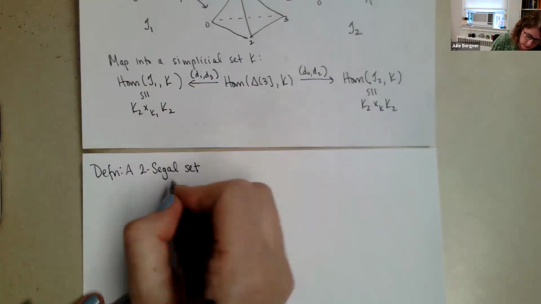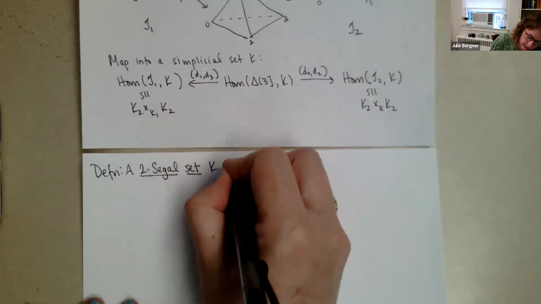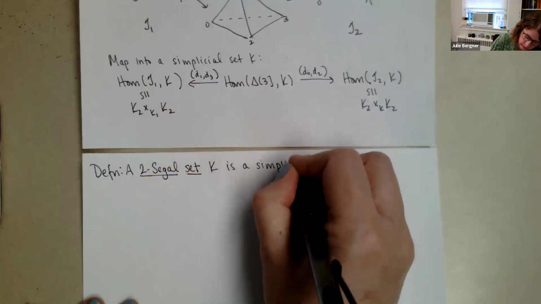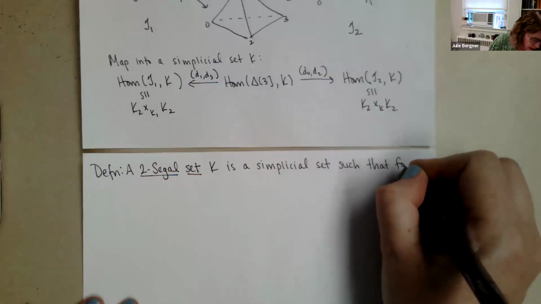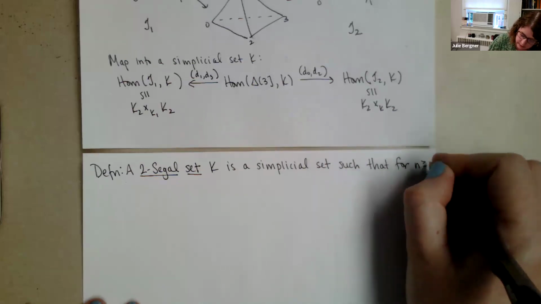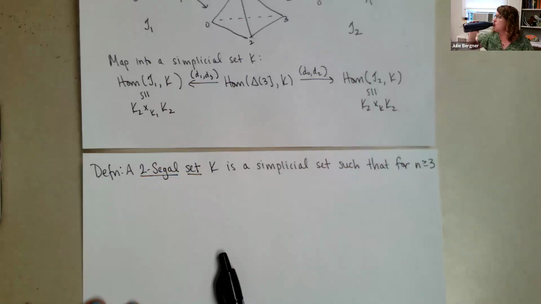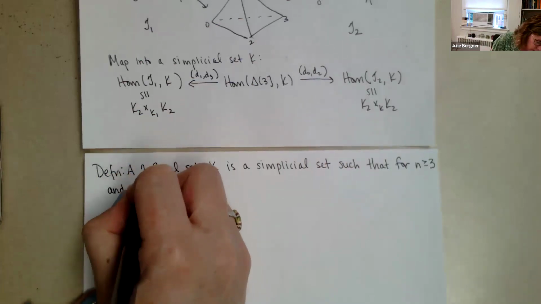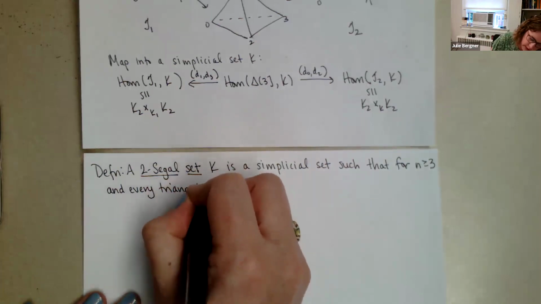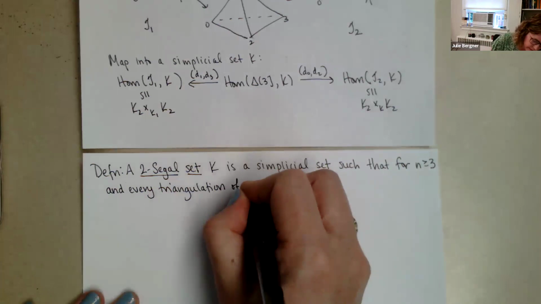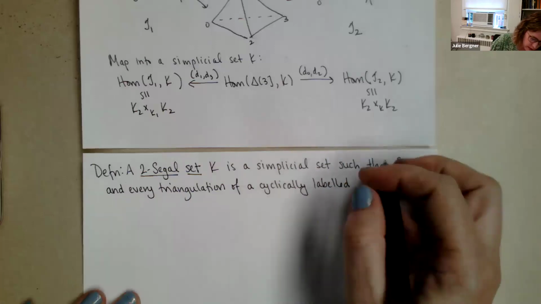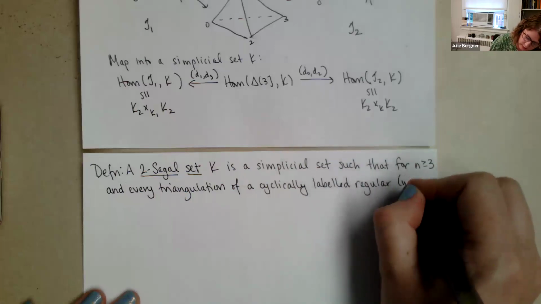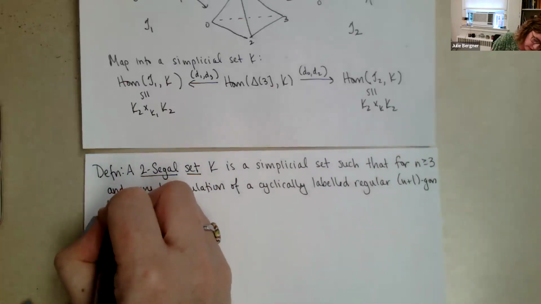So a 2-Segal set K is a simplicial set such that for every n at least 3, and every triangulation of a cyclically labeled regular n+1 gon by vertices.